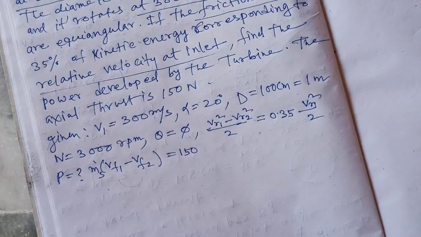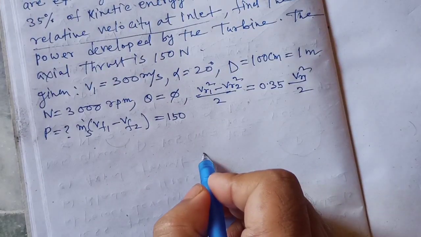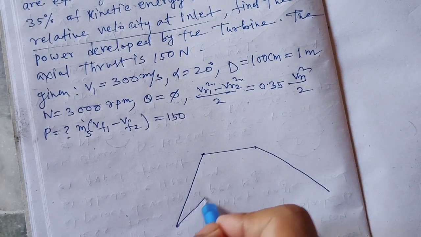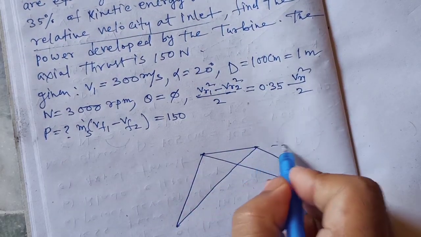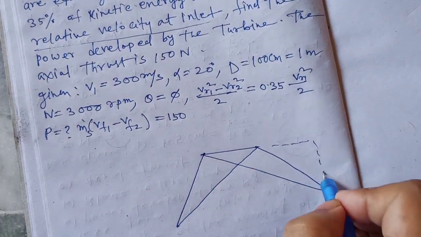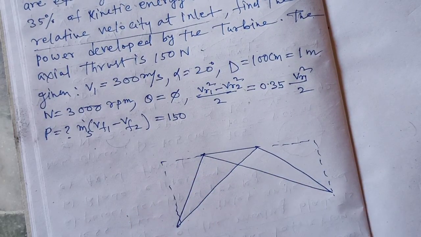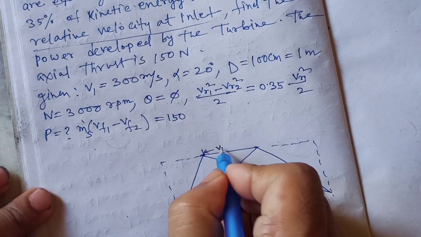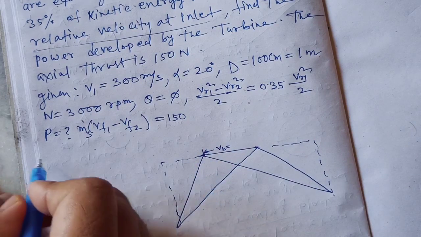Now go to this problem. First of all, we have to draw the velocity diagram. The velocity diagram is like that. Now this is VB. You have to find this VB first.